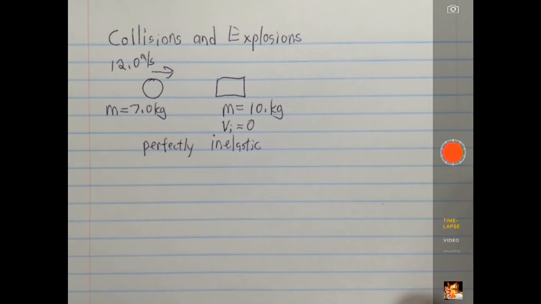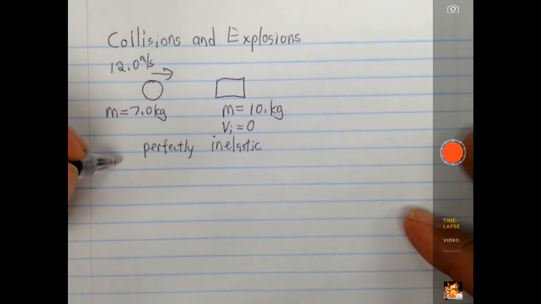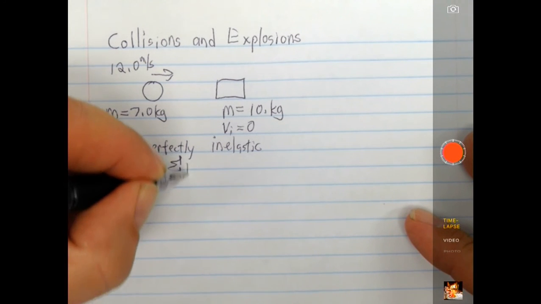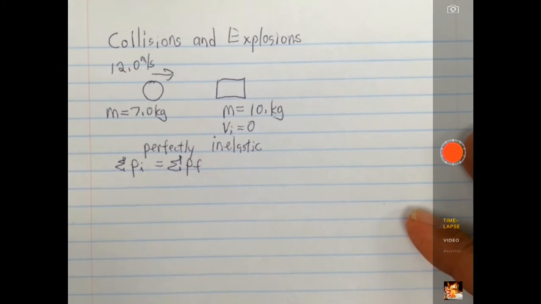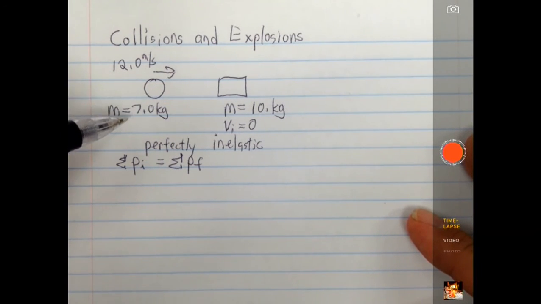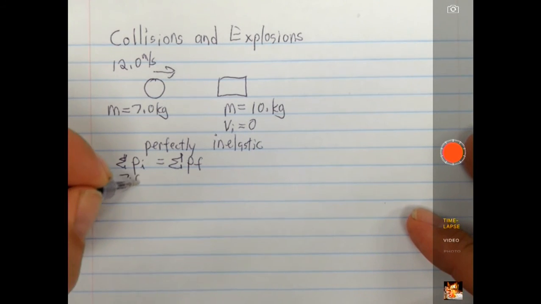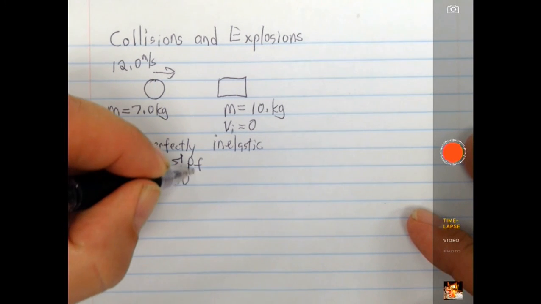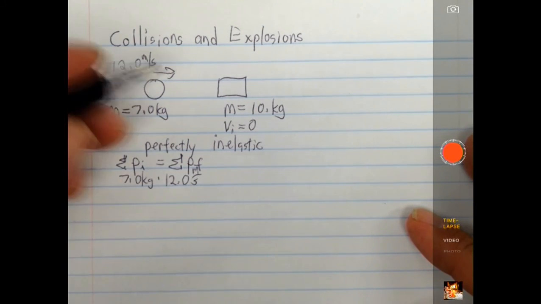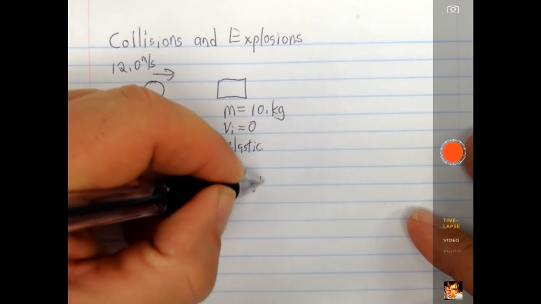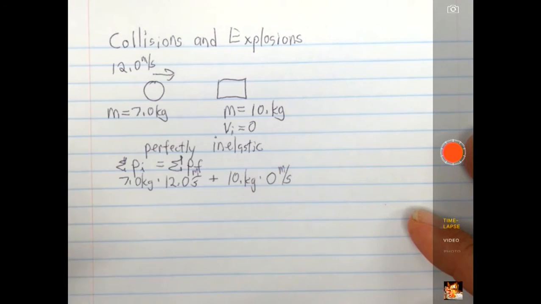What happens? Well, the sum of all the momentum before they collide is equal to the sum of all the momentum after they collide. Before they collide, that's going to be 7 kilograms times 12 meters per second to the right, plus 10 kilograms times 0 meters per second.